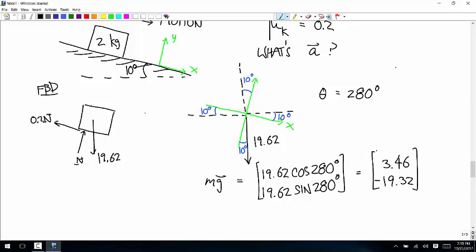Does it make sense that the x component's positive and the y is negative? Yep, it's in the fourth quadrant.